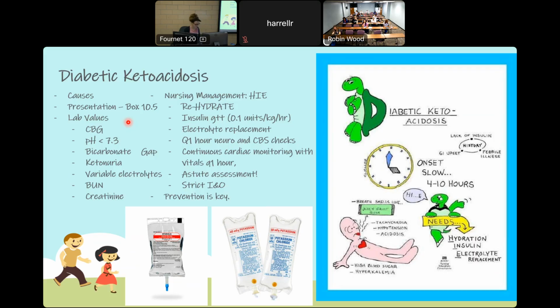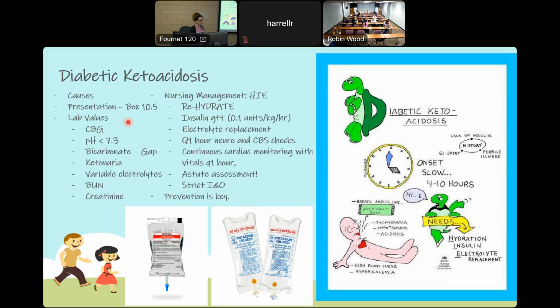So neurologically, like I said, they can be very altered just because they're very dehydrated. Typically a DKA comes in and they've lost at least 10% of their body weight in fluid, just from the diuresis, just from the tachypnea. So they're very severely dehydrated at baseline when they come in.